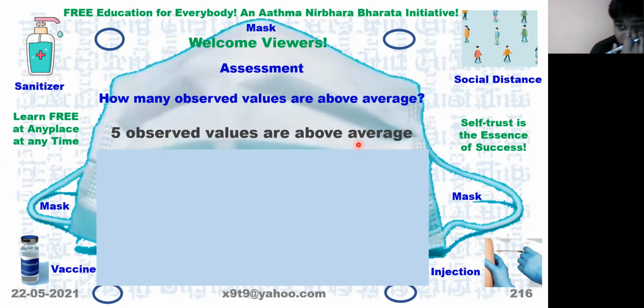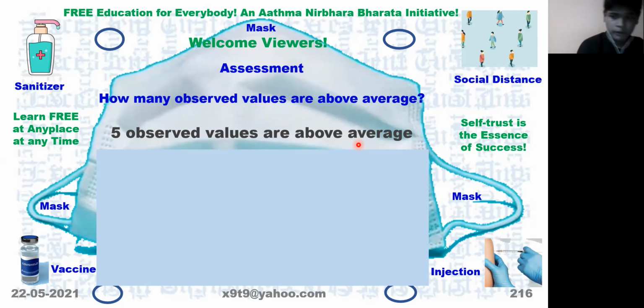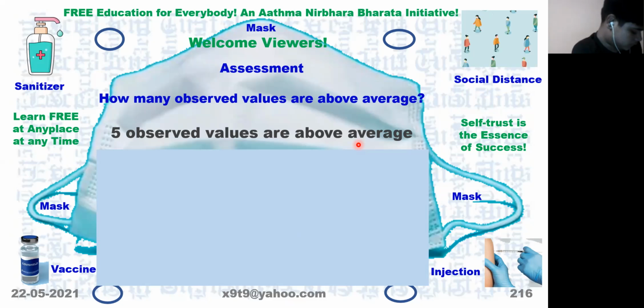Number 1, how many observed values are there above the average value? Above 23, right, sir? 1, 2, 4. Correct.